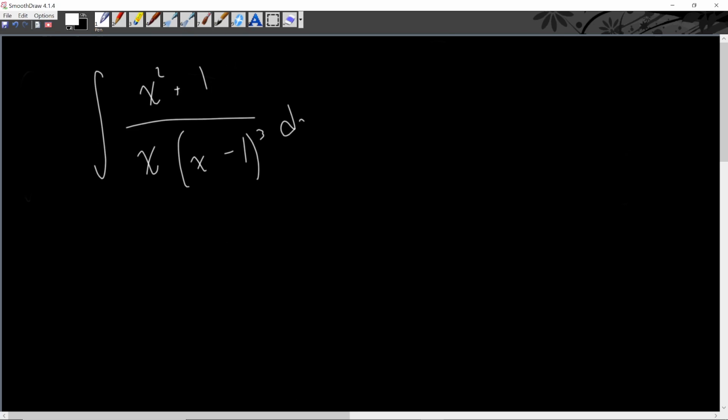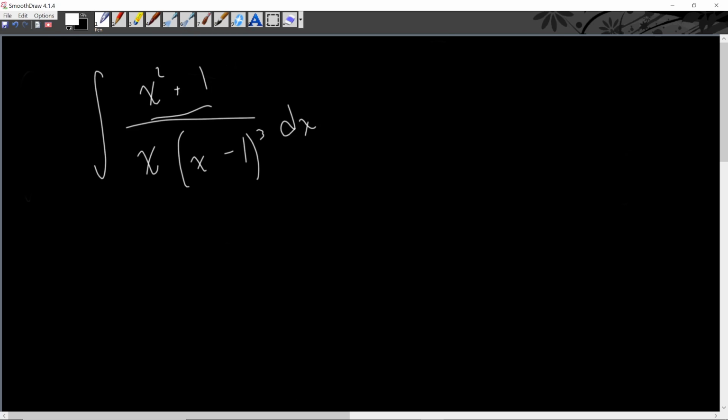But let's say we have a more strange looking function. We're actually going to do a nice 2-for-1 deal. Let's just do it. We have x squared plus 1 over x times x minus 1 cubed, and we're going to have to integrate this with respect to x.